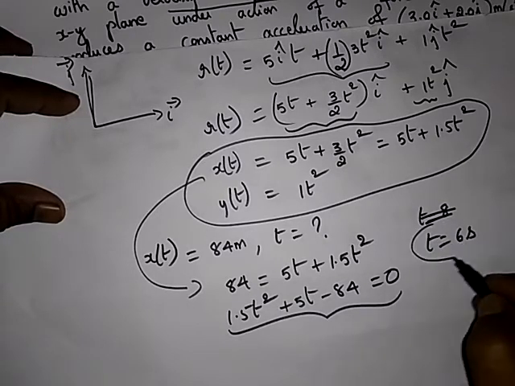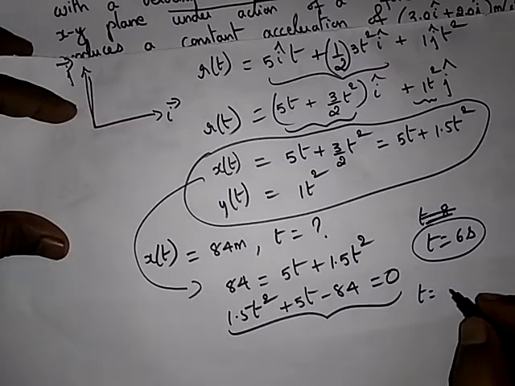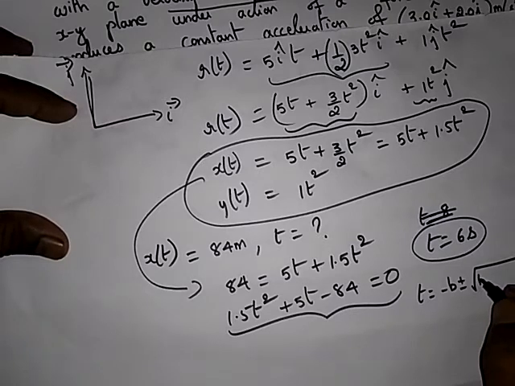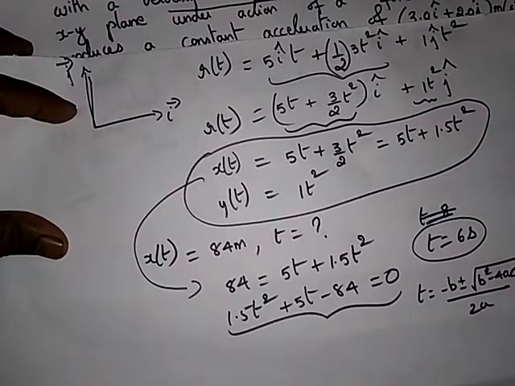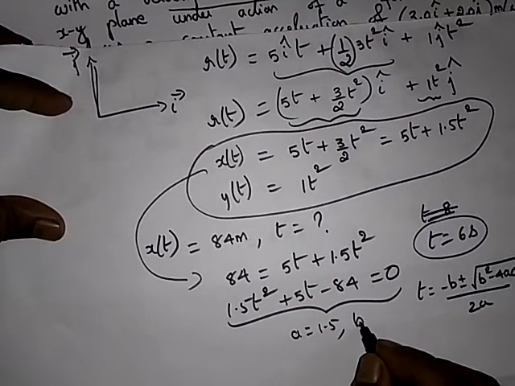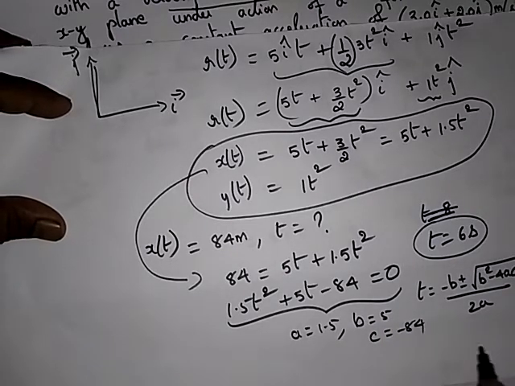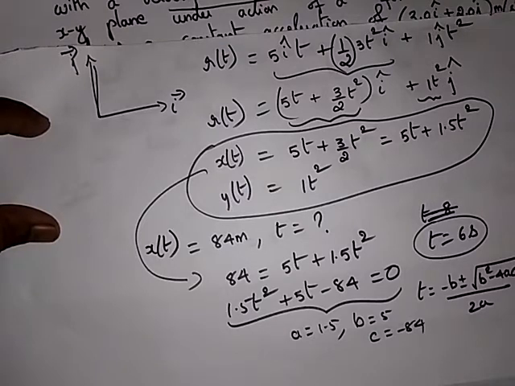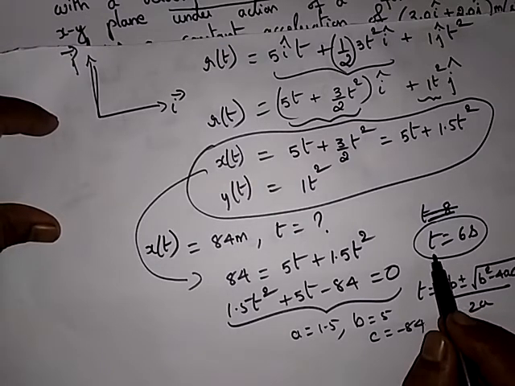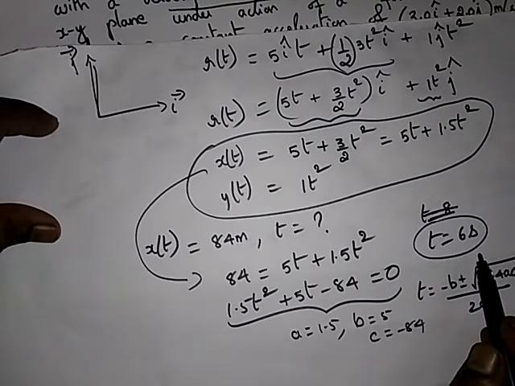Okay, so you can make use of the formula: t is equal to minus b plus or minus root of b squared minus 4ac, whole thing divided by 2a, where here a is equal to 1.5, b is equal to 5 and c is equal to minus 84. So you will get two values. The negative value you reject, only you take the positive value, and t is equal to 6 seconds.